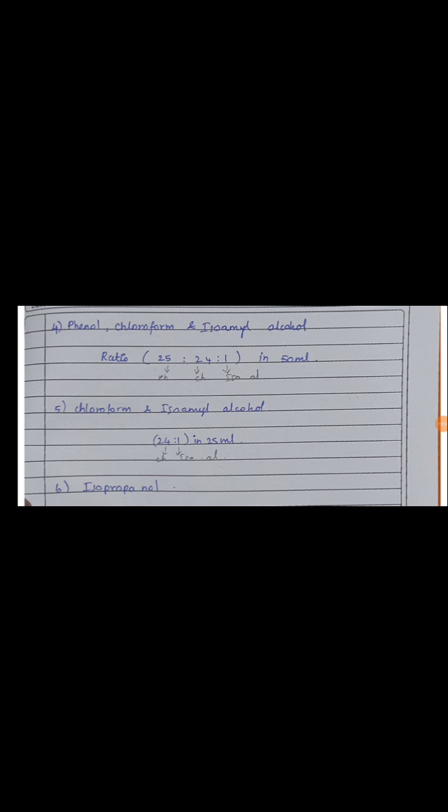Okay, and we have the second solution, only chloroform and isoamyl alcohol, 24:1, 25 ml. Okay, and then we need isopropanol, and the main one is the neutralization solution. The components are 3 molar potassium acetate and glacial acetic acid. We have to make up to 10 ml. That means a 1:1 ratio, that means 5 ml potassium acetate in 3 molar concentration and 5 ml glacial acetic acid.